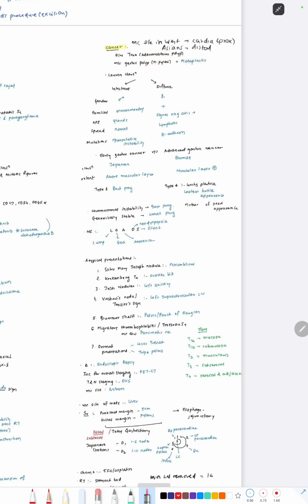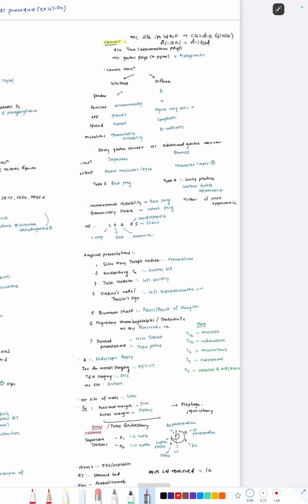Now talking about the cancer classification in the stomach, the Lauren classification is used, that is intestinal versus diffuse. Intestinal cancer is more common in males, while diffuse is more common in females.